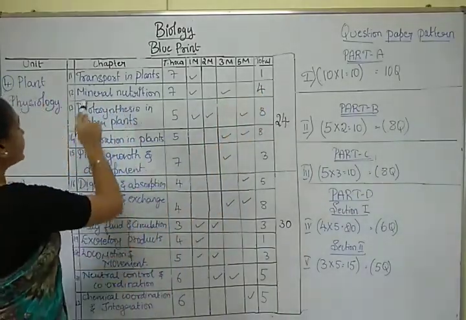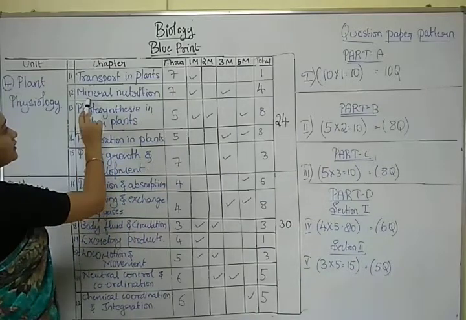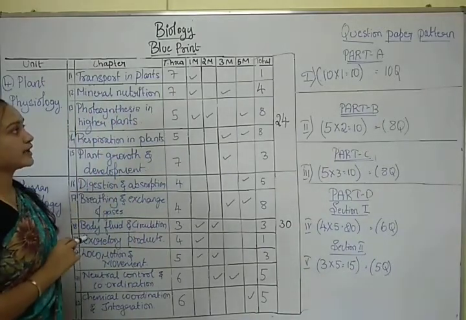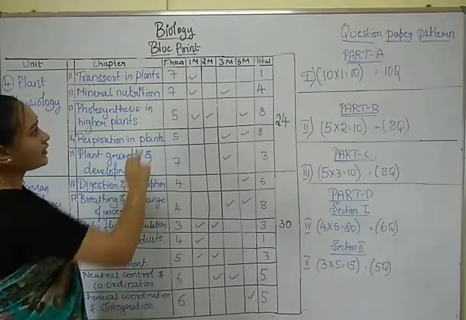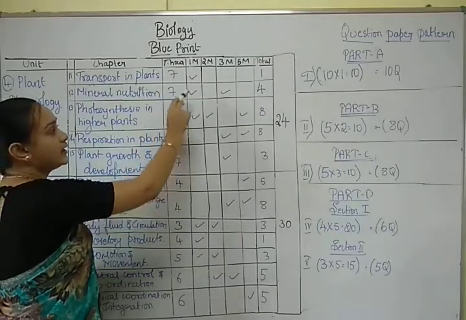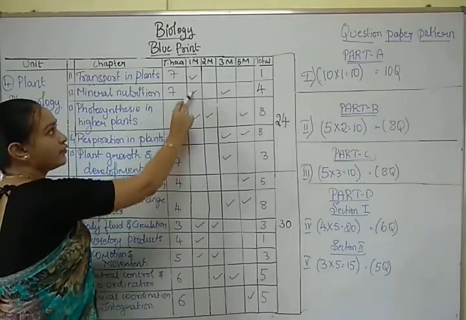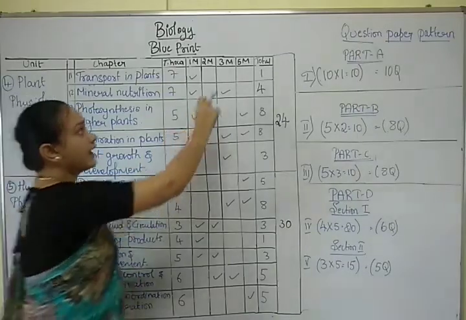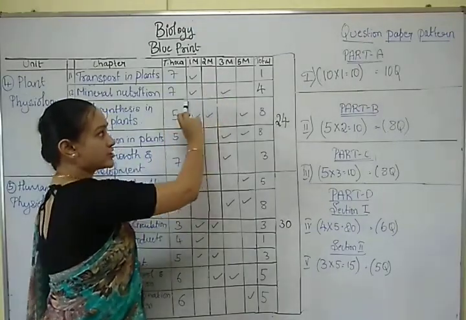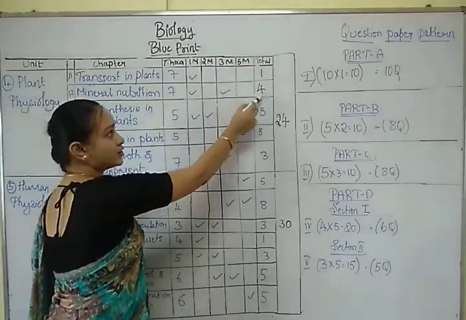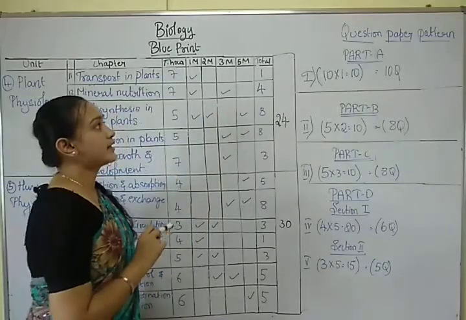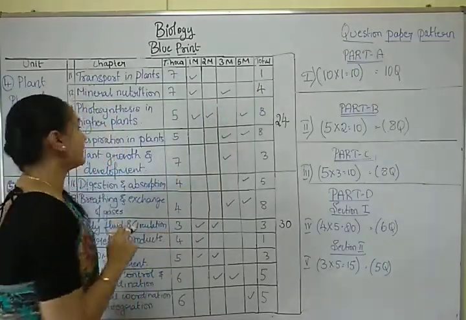The next chapter in this unit is mineral nutrients, with 7 teaching hours. One question for 1 mark and one question for 3 marks will be asked. So 1 plus 3, the total marks in this chapter is 4.